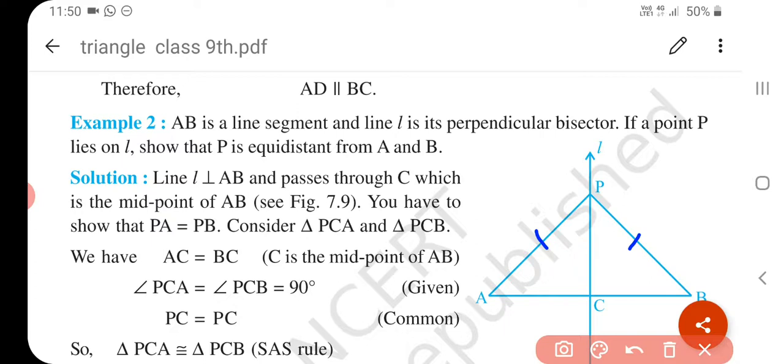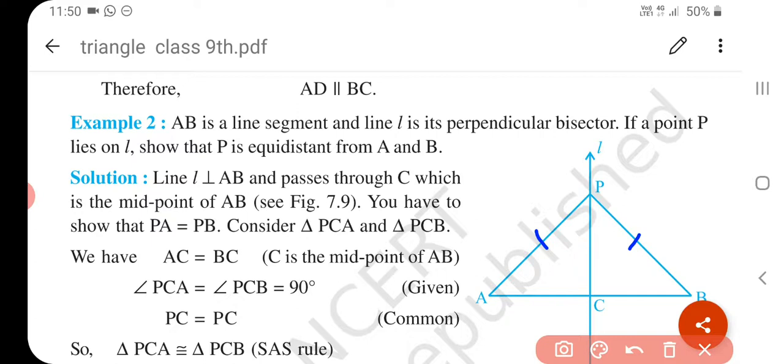What is given? AC is equal to BC because this line is the perpendicular bisector of AB. It's given, AC is equal to BC because C is the midpoint.